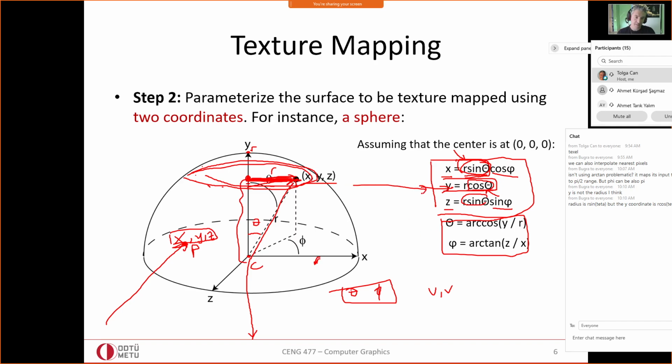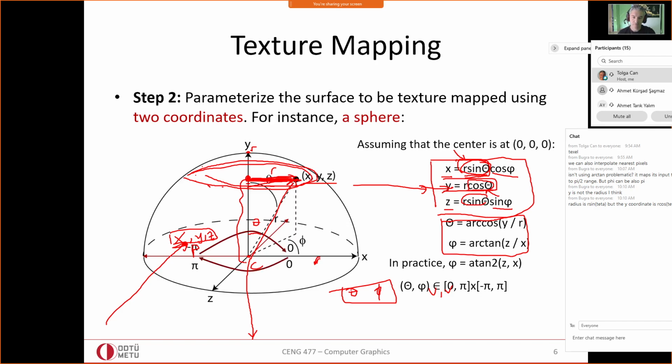By using these, we can write these equations in terms of theta and phi to find those two values. Theta is between 0 and pi, and phi is between minus pi and pi. So it spans 360 degrees on the circle, while theta is between 0 and pi.